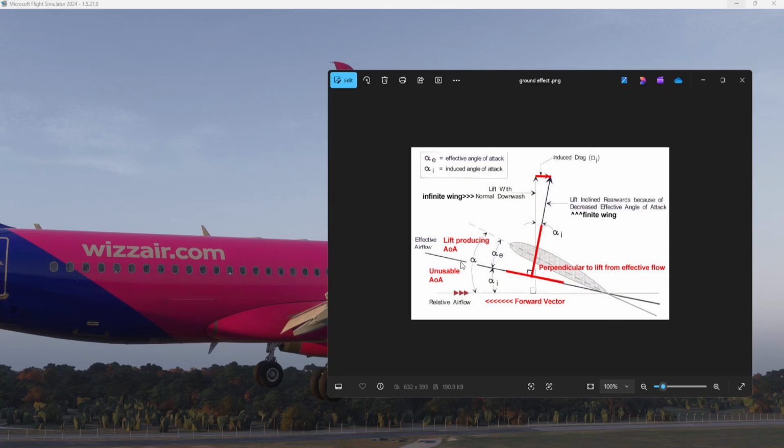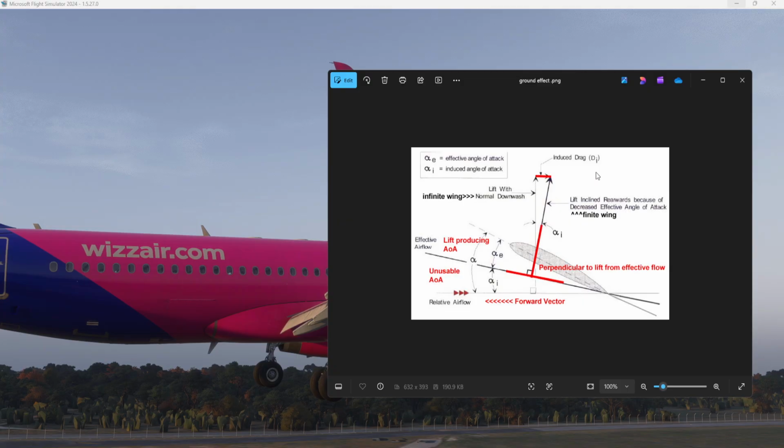So what happens if this dark line goes down? The effective angle of attack will increase, and in order to keep the effective lift, sorry, this one we call the effective lift. It is actually the force perpendicular to the effective airflow. So if this one increases, in order to keep that 90 degrees, this one will move to this side.